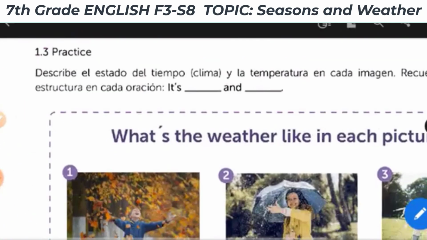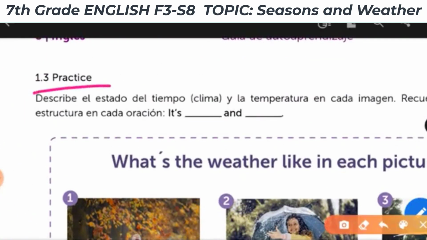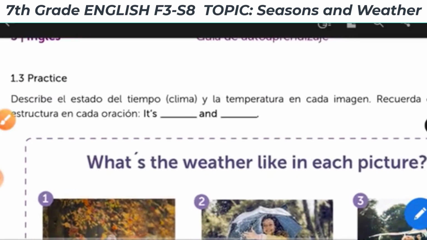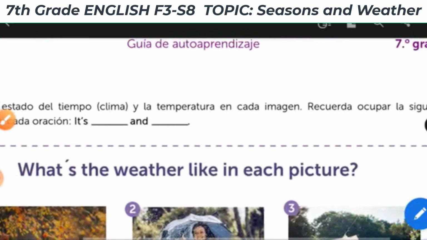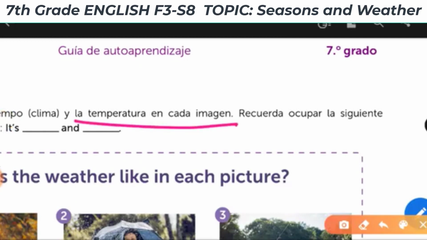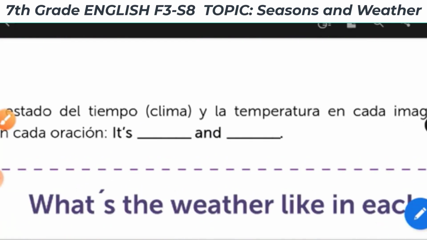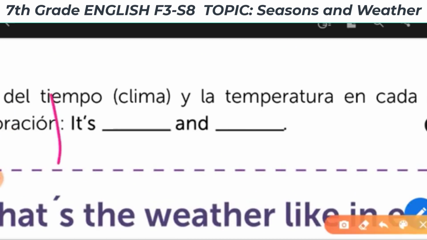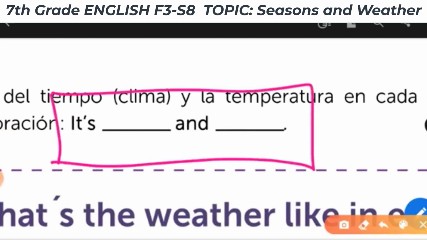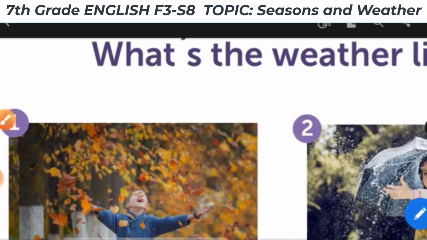Now, practice. Describe el estado del tiempo, el clima y la temperatura en cada imagen. Recuerda ocupar la siguiente estructura en cada oración. Attention. This is the structure. It's and blank, okay? So let's have one example.